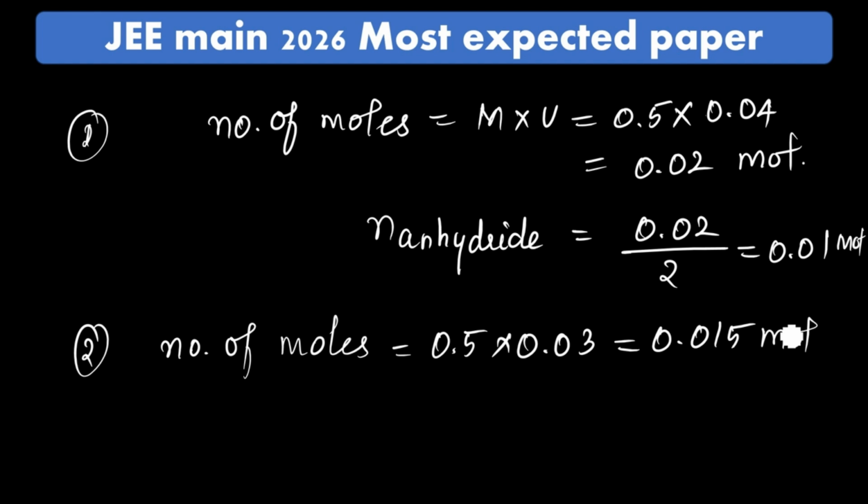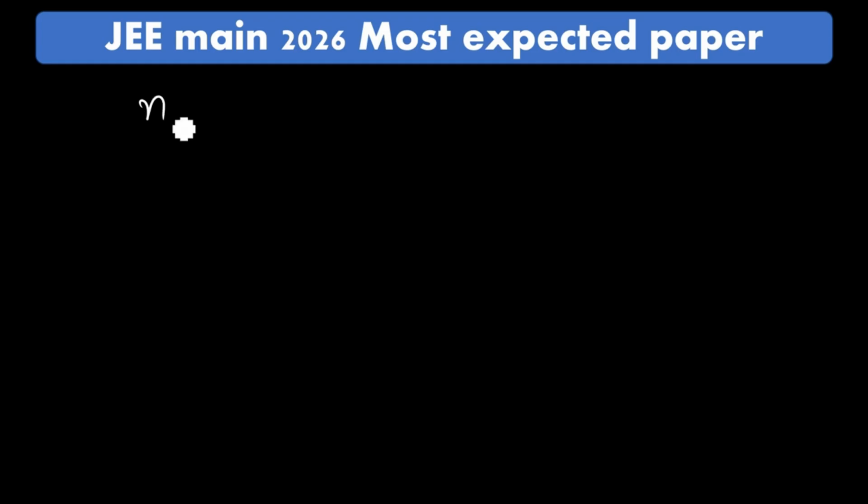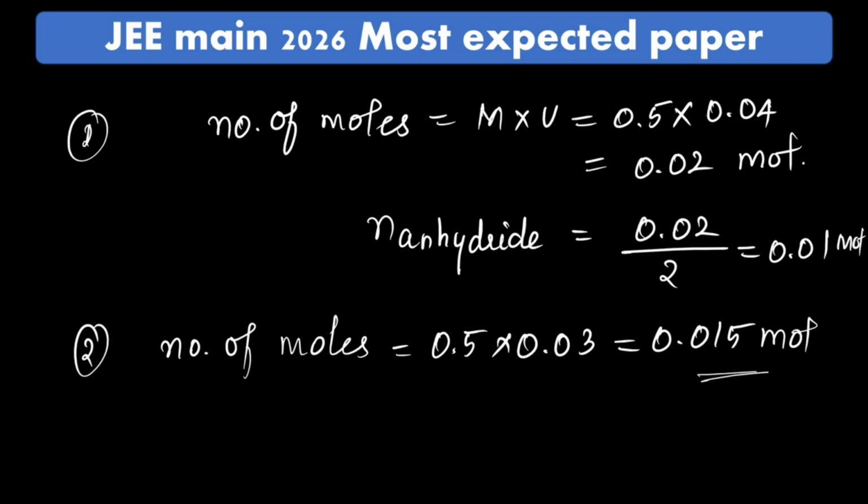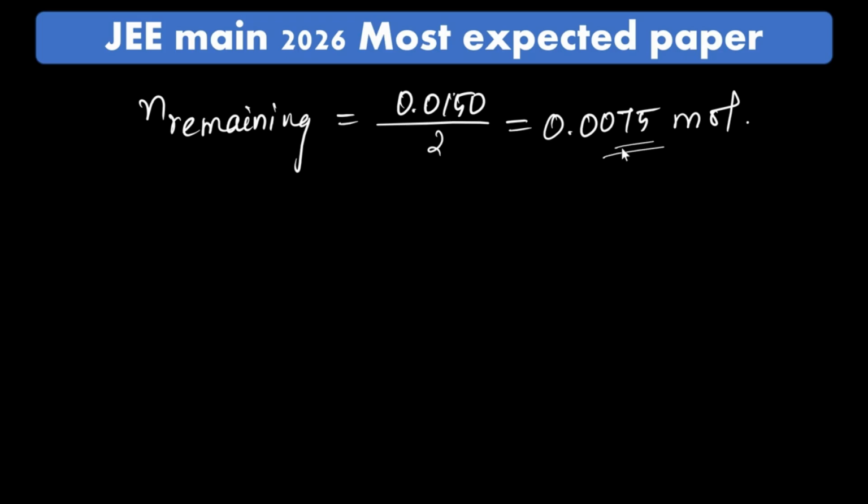Now the consumption is from acetic acid. Acetic acid is formed from 1 anhydride, 1 acetic acid. That is the ratio. So what would be the remaining anhydride? The number of moles of anhydride remaining would be half of it, right? Which is 0.0075 moles. Is it clear? Acetic acid moles is this much, anhydride remaining would be this much.